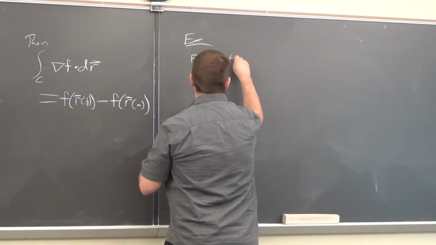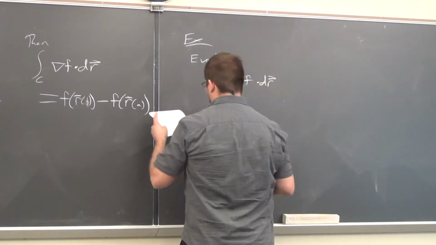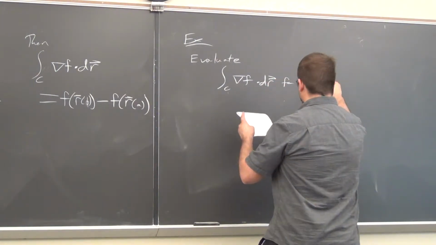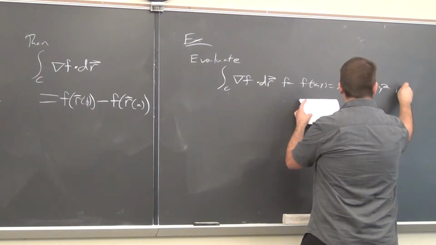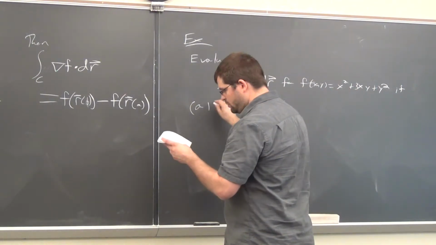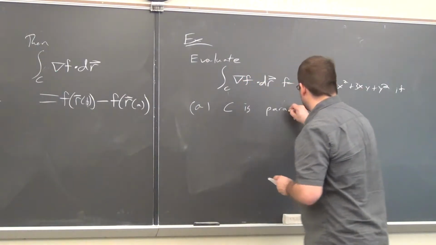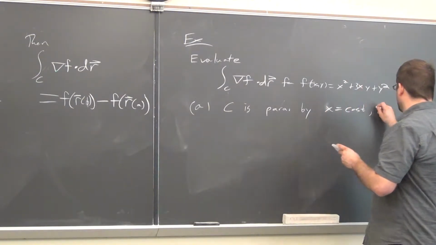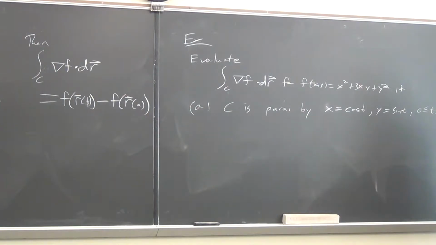Evaluate the integral of the gradient of f dot dr for f of xy equal to x squared plus 3xy plus y squared, if C is parameterized by x equals cosine of t, y equals sine of t, and t goes between 0 and pi.